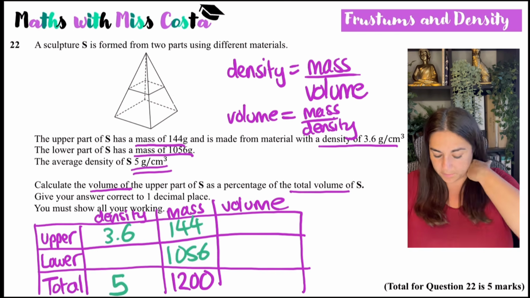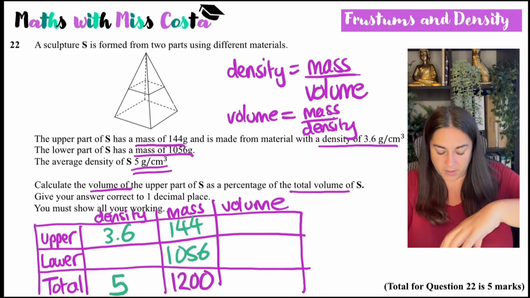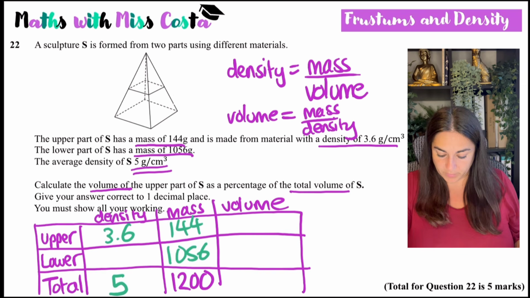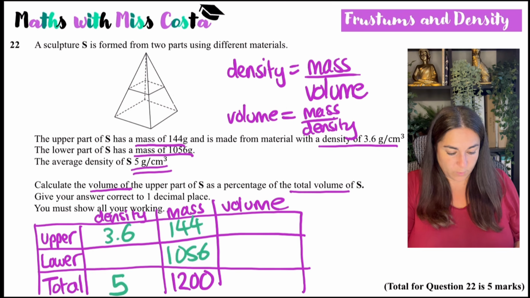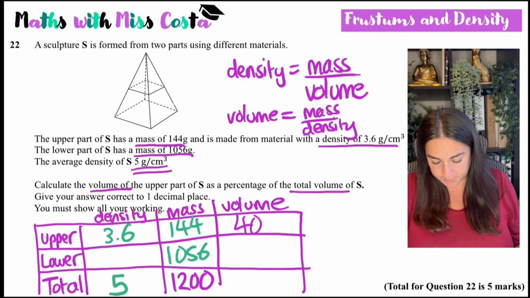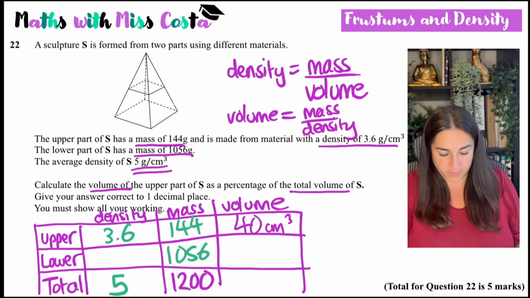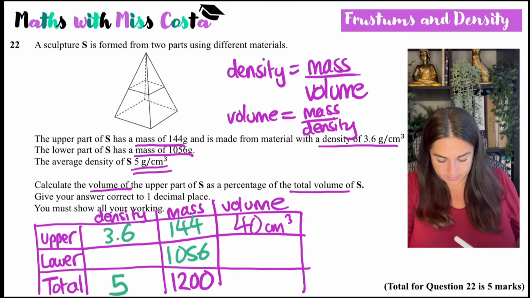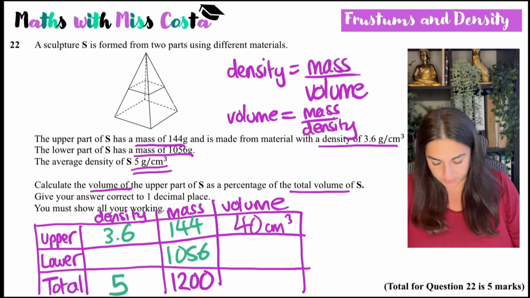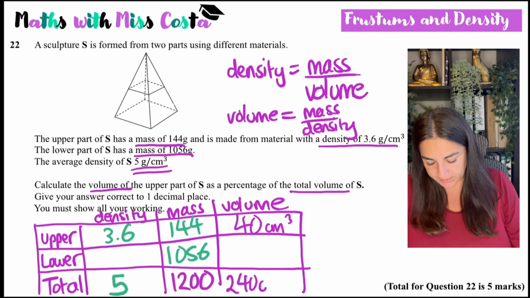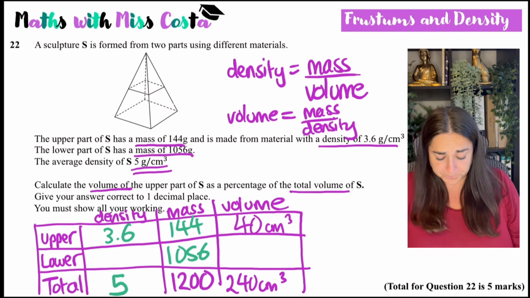Volume of the upper part. Okay, so I need to work out the volume of the upper part. So I'm going to do the mass, which is 144 divided by 3.6. So that's 40 centimeters cubed. And then the volume of the total shape will be 1200 divided by 5, which is 240 centimeters cubed.